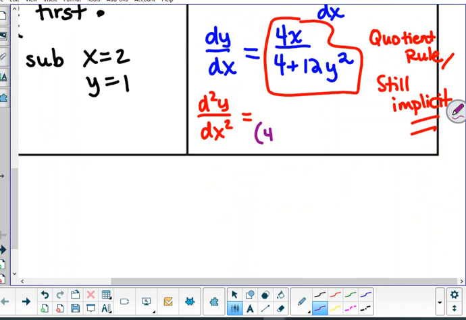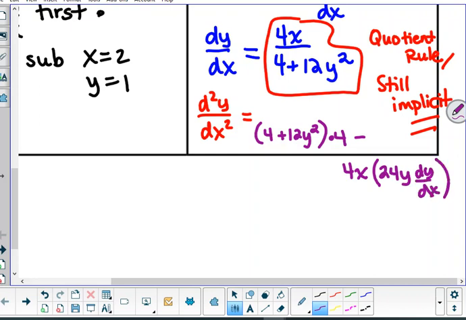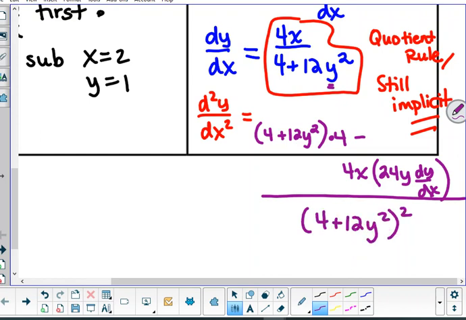I'll take my denominator times the derivative of my numerator minus my numerator times the derivative of my denominator, 24y dy/dx. Because anytime I take the derivative of the y, I will still need a dy/dx. All divided by the denominator quantity squared.